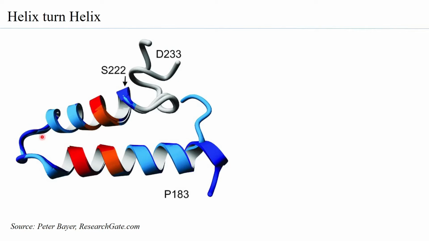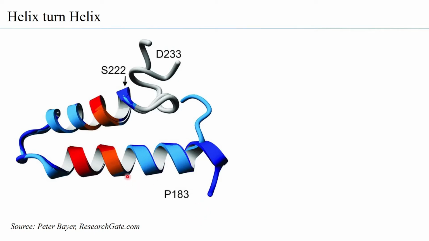And interestingly, in the helix turn helix motif, one of the helices always acts as the recognition helix. When you say recognition helix, what does it mean? It means that the recognition helix has amino acids that can bind directly to the nucleobases of the DNA or can bind to the nucleobases through the water molecules.